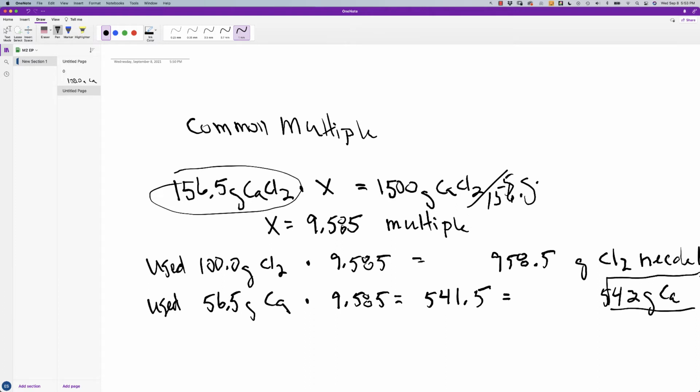So you can see here are the values that we need. We're a little off. On the other one we had 542 and 958.